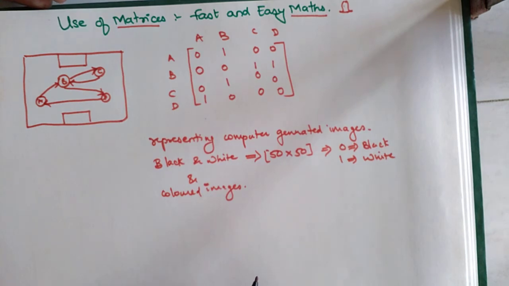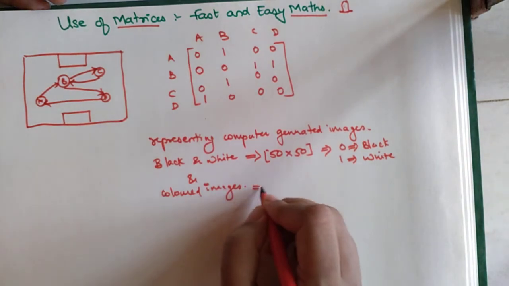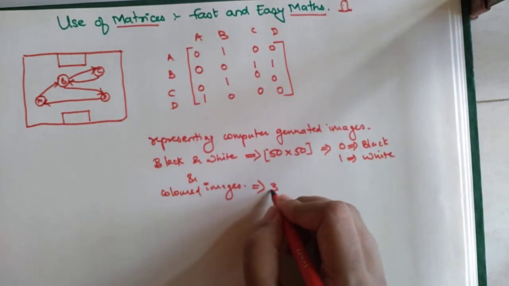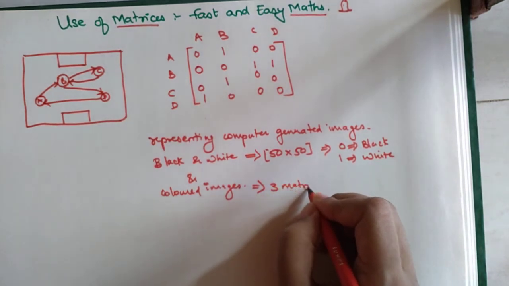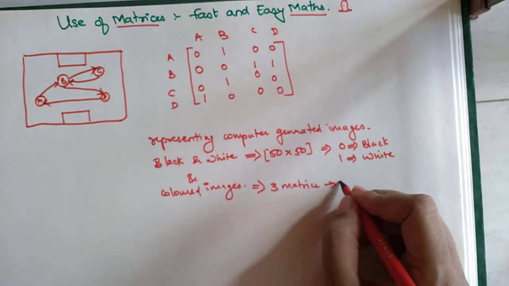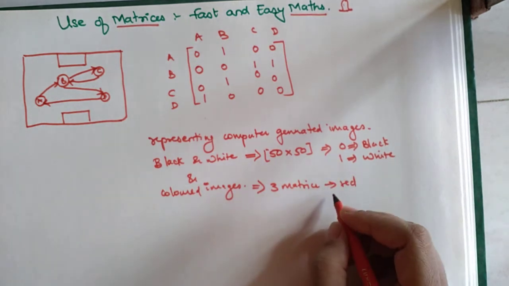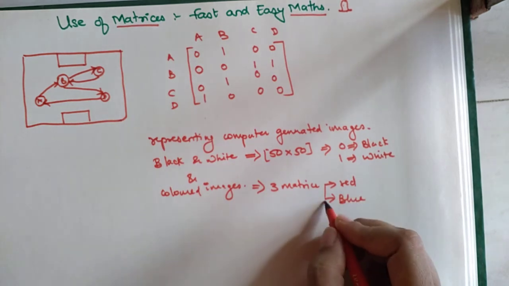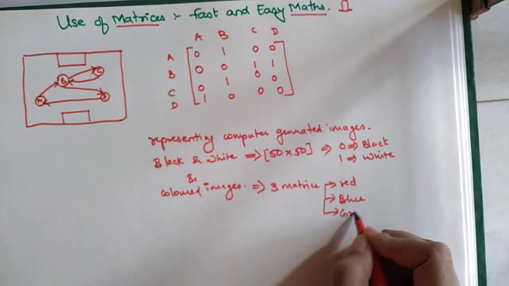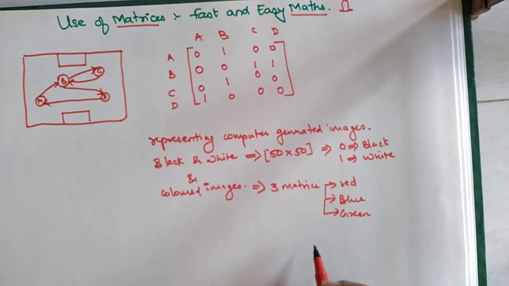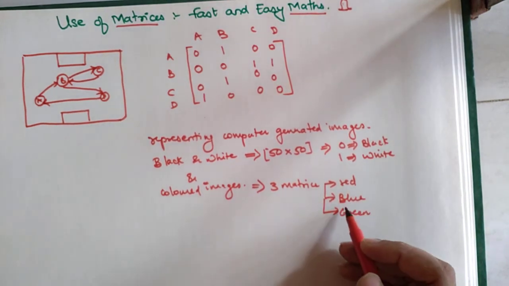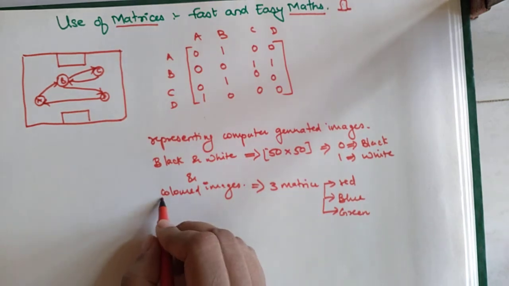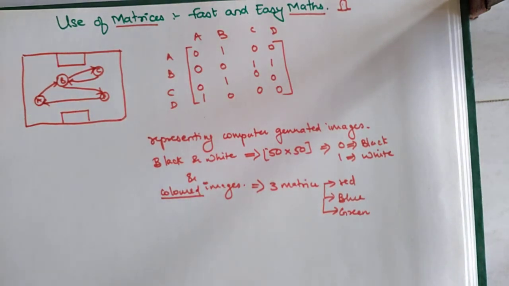For colored images we have 3 matrices: one for representing the red color, another for the blue, and another for the green. These 3 matrices help to form the colored image in a computer.